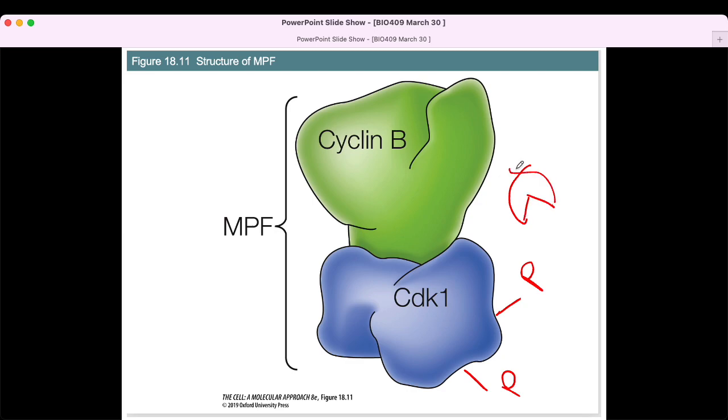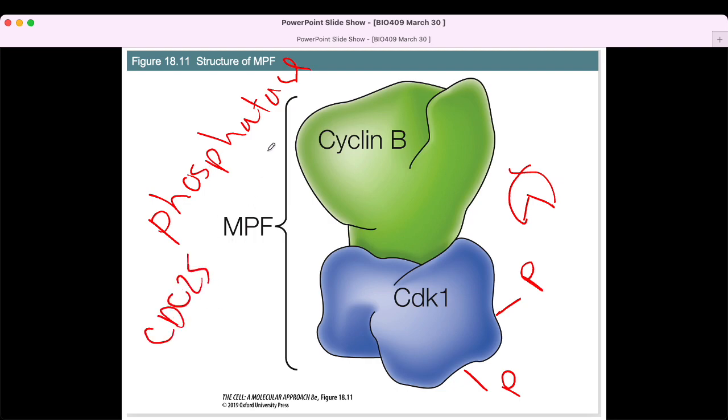And we learned last time that the guys that remove phosphates are called phosphatases, and this one is called CDC25 phosphatase. Every eukaryotic cell on our planet has an ortholog of that. Its function is just to remove those inhibitory phosphates so we can go into M phase.